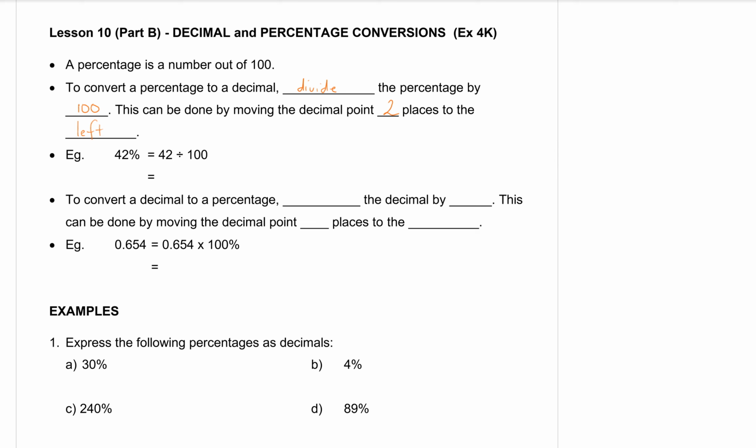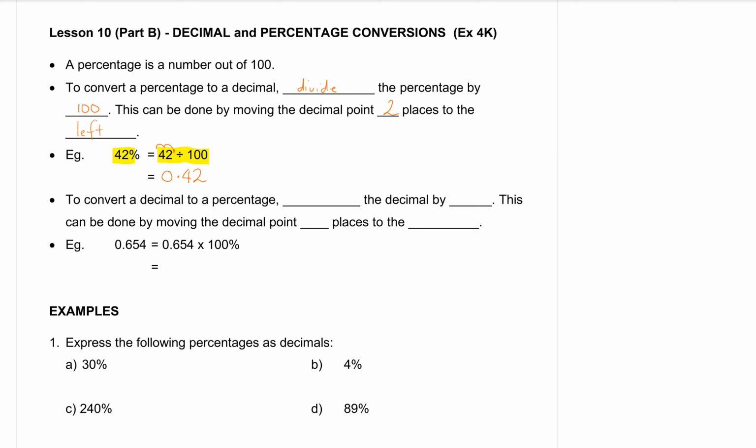So there's an example there, 42%. If I want to change that into a decimal, I take the 42 and I divide it by 100. Now, without the calculator, we would be moving an imaginary decimal point from the end here back 2 places, and it makes 0.42. However, you can use your calculator if you're not confident moving decimal places around.